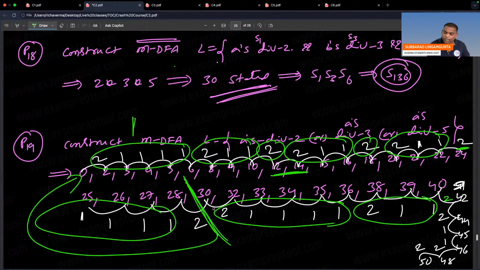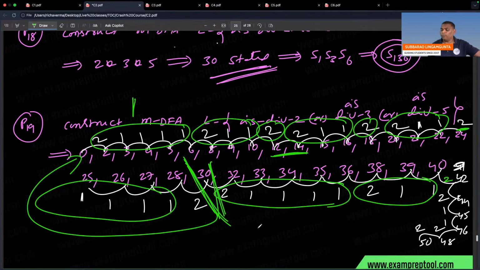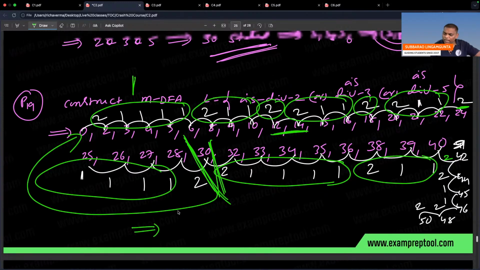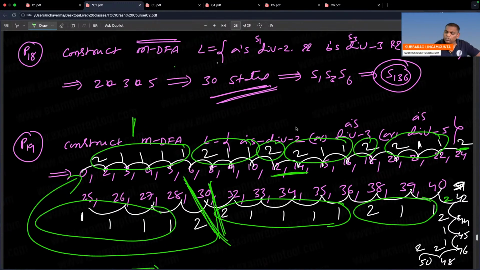After 30 states, it is going back to the starting again. If you observe this problem, no minimization is possible. If you multiply, divisible by 2 is 2 states, divisible by 3 is 3 states, divisible by 5 is 5 states.